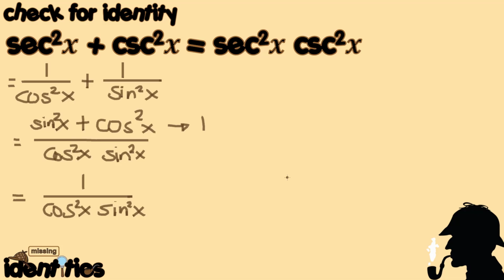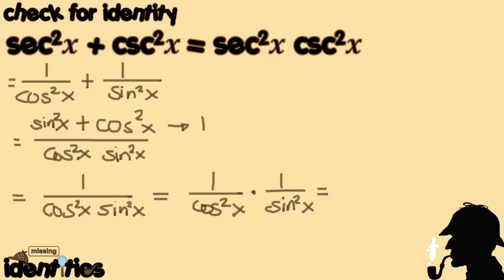We are now closer to finding an identity which is just the product of secant squared x and cosecant squared x, because you can simply separate this into 2 different fractions. You have 1 over cosine squared x times 1 over sine squared x. It's just a product of 2 different rational expressions.